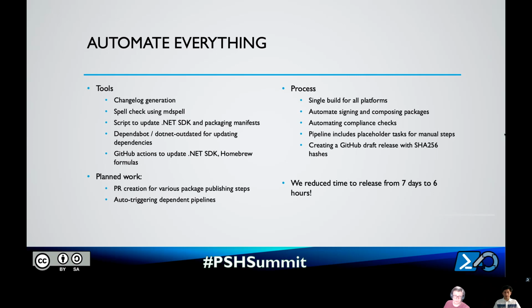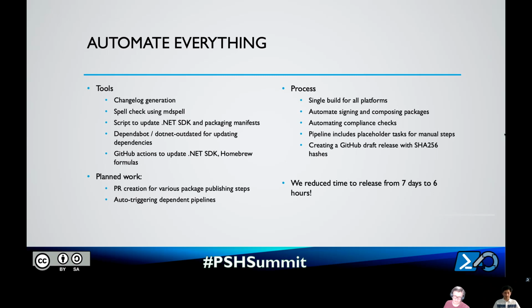So tools: we talked about how we automated changelog generation. Instead of doing manual spell checks, we automated the spell check. We created a script to update the .NET SDK and packaging changes rather than someone spending a day or two doing that.